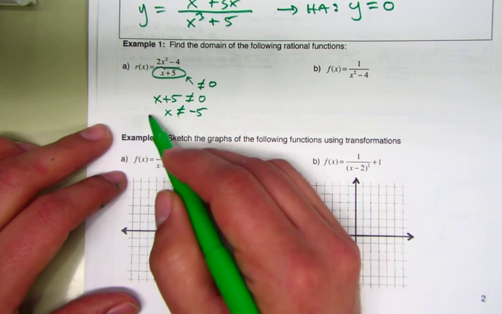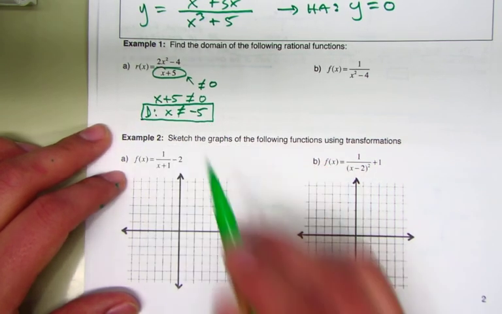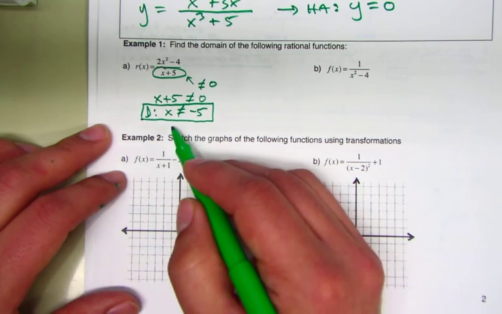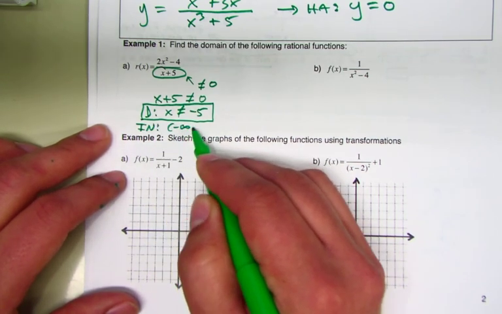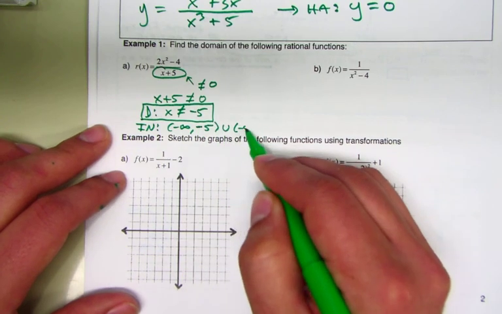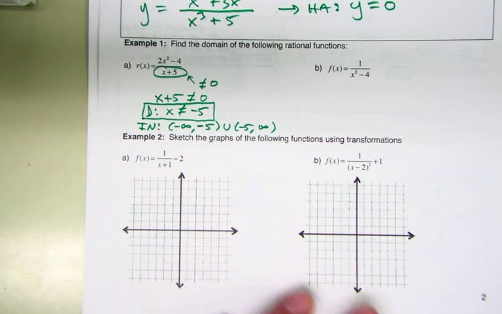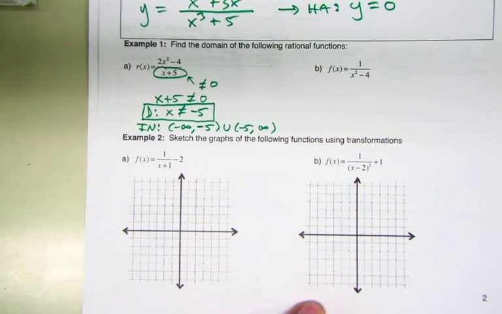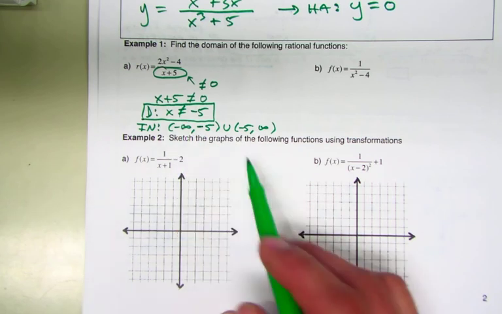Negative 5. And there's the domain. Whether you write it this way or in interval notation, I really don't have a preference unless you're asked for a specific format. On Math Excel they might ask for either, but just be ready for either one.